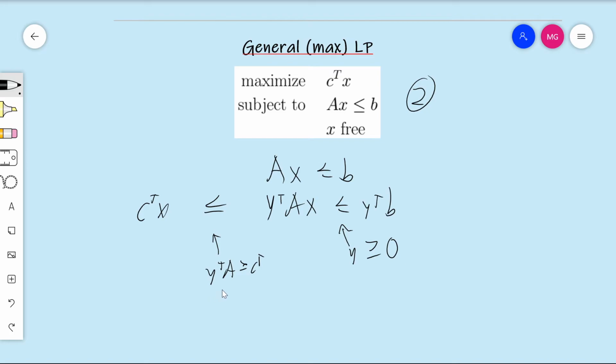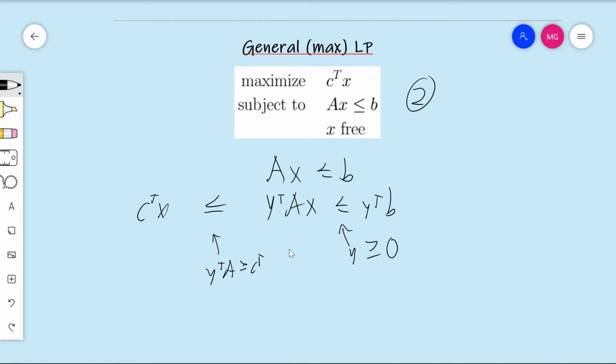Okay, but this will no longer work for us, because here, if we say y transpose A is greater than or equal to c transpose, and now we're multiplying by the vector x, we want the direction of this inequality to be preserved, but we can't guarantee that anymore because x is not non-negative. It's not required to be non-negative. It's allowed to be a free variable. And so we can't guarantee that the direction of this inequality stays the same after multiplication by x.